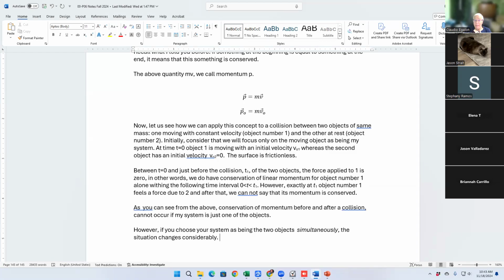And that's a real nice trick that we discovered some time ago. Okay? Changes considerably.